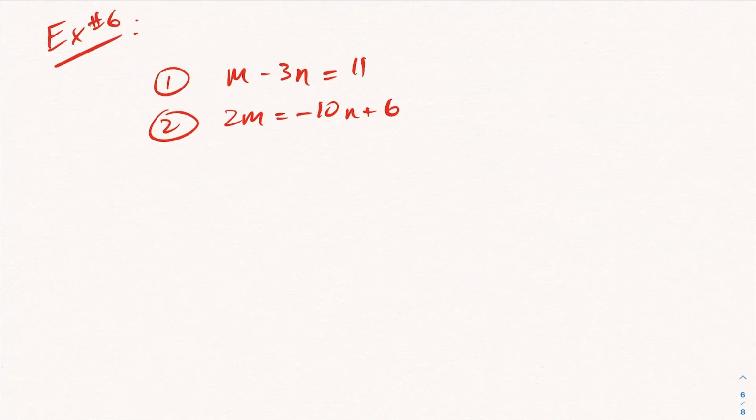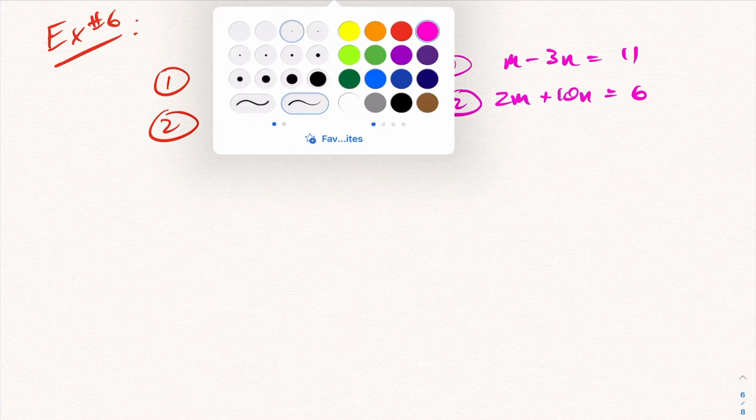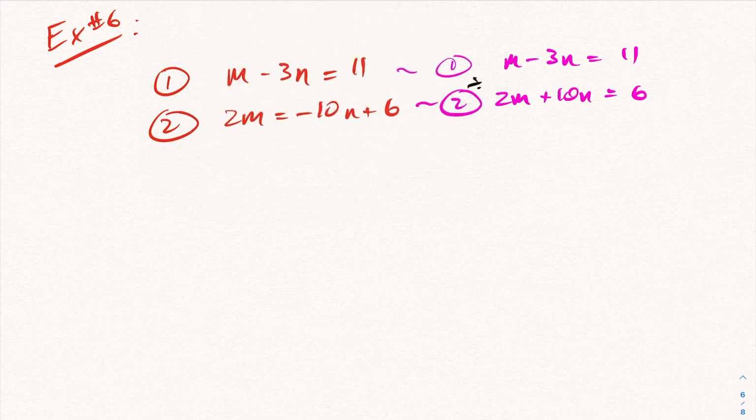Okay, now taking a look at example 6 here. Again, what I would do is rewrite this. So we're going to have here m minus 3n is 11, and equation 2 is 2m plus 10n equals 6. Again, you should always look to see whether you can reduce, and I can see right away in equation 2 I can divide across by 2, giving me m plus 5n is 3.